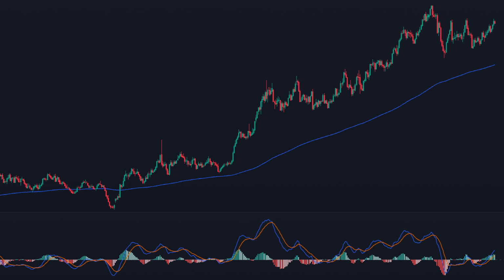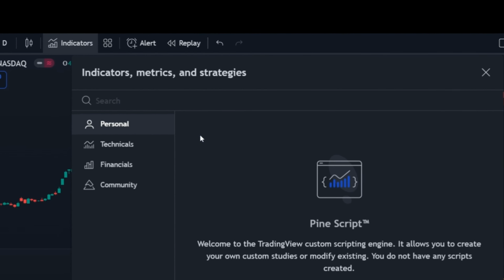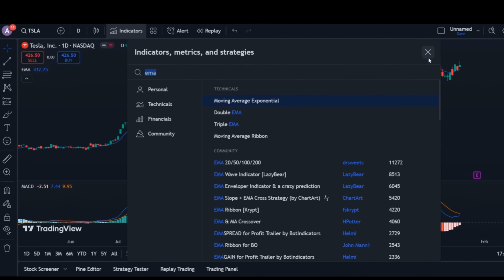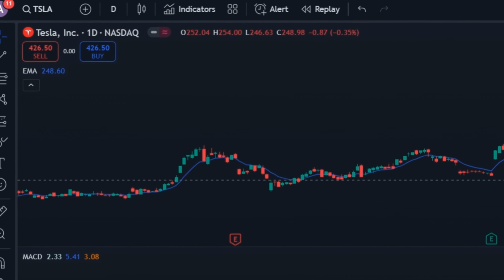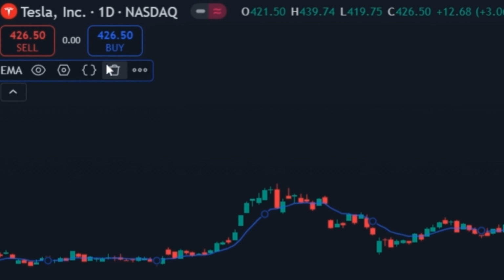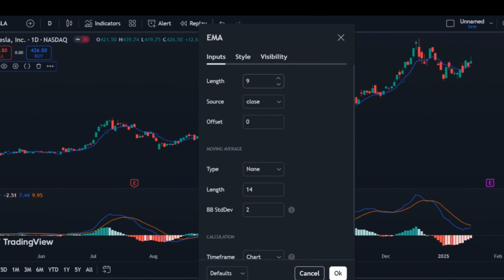You should never trade with MACD against the trend of the market, and you can use the EMA, or exponential moving average, indicator to avoid this. Go to indicator and type EMA and add it to your chart. And then go to the EMA settings and change the length to 200.